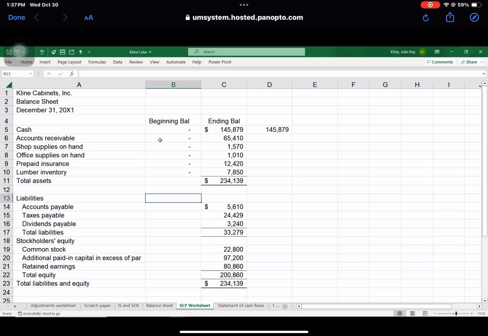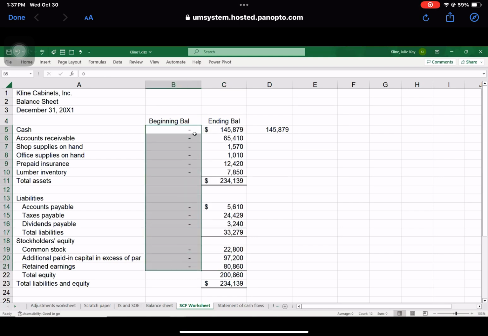So I'm going to say that here in my example scratch paper on my worksheet. Each of these accounts started with a beginning balance, and then here's our ending balance. When you move into the second year of this project, these ending balances will become the beginning balances in year 2.